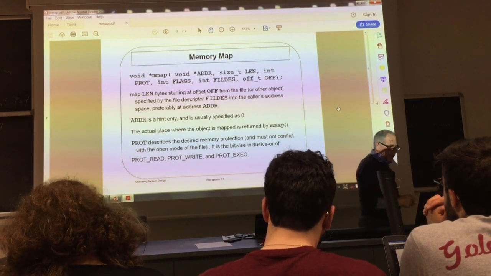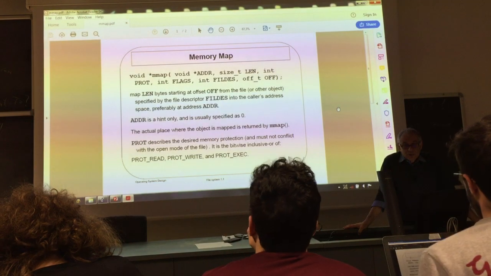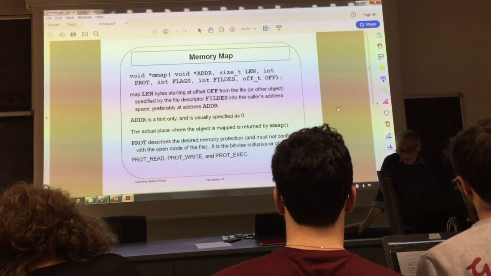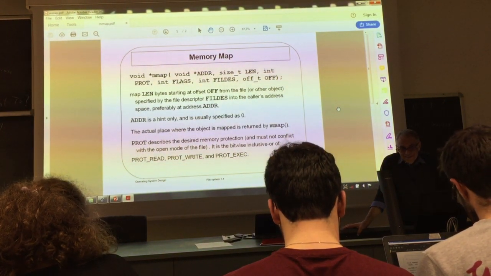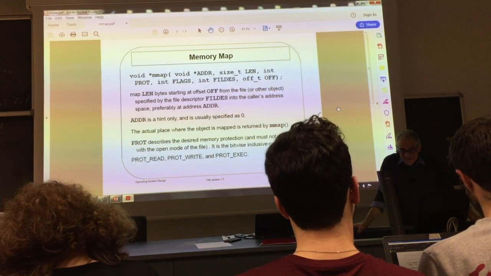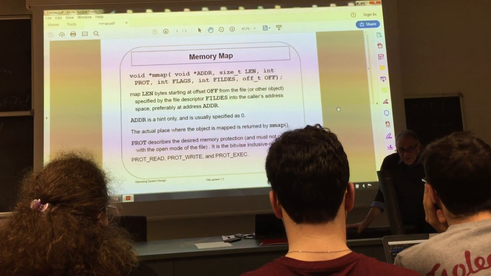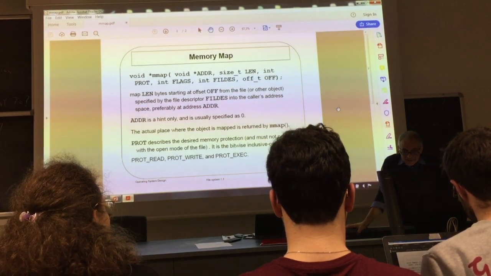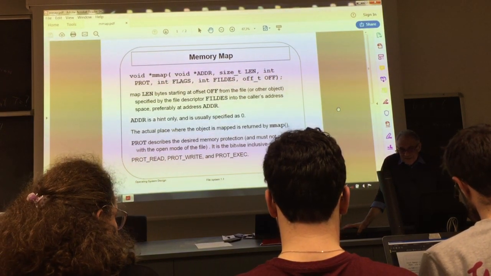What is memory map? Memory map allows you, as the name says, to map a file in memory. This allows you, rather than using read and write, to access the content of the file like an array. Much easier. So you see your file content as an array.